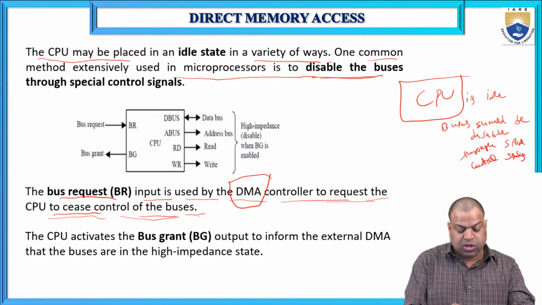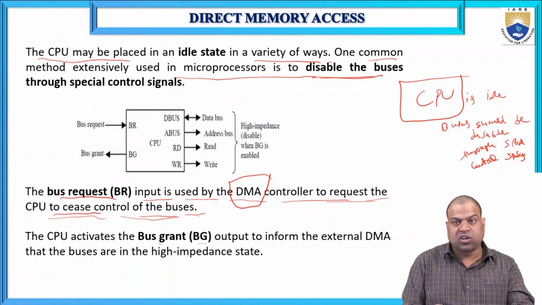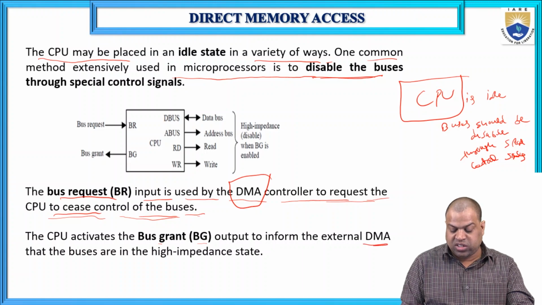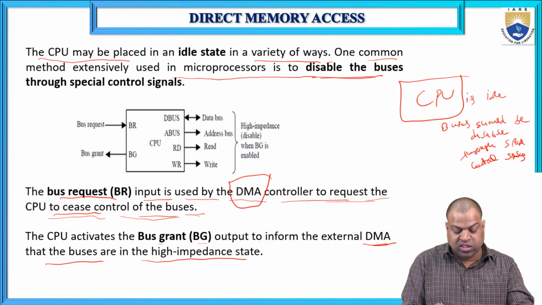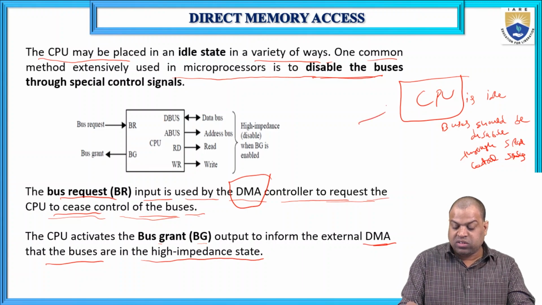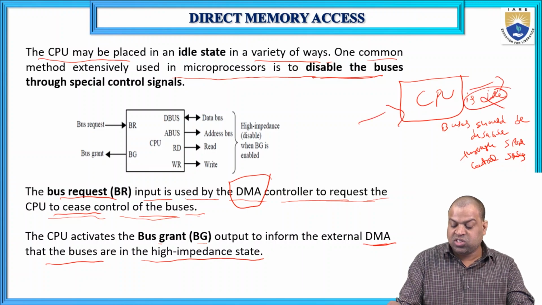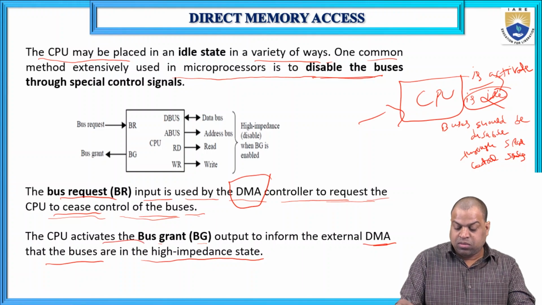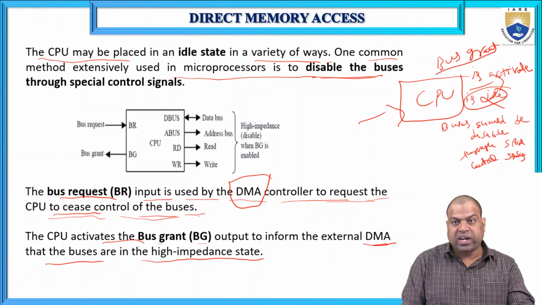And the CPU activates the bus grant output to inform the external DMA that the buses are in the high impedance state.